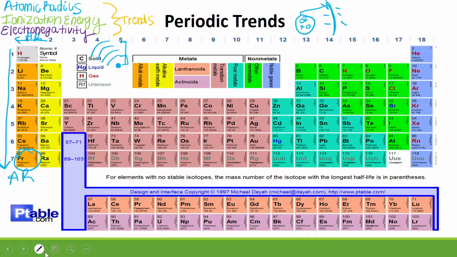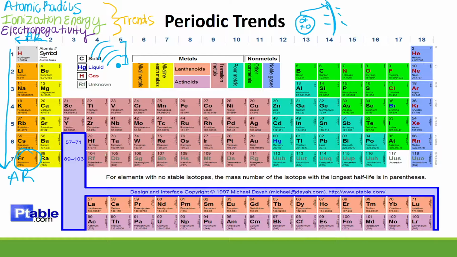So now let's go ahead and talk about ionization energy. Ionization energy has a similar trend to atomic radius. The ionization energy refers to how much energy is needed to take an electron away. In case you need a refresher on which elements want electrons and which ones don't: the metals don't want electrons, they want to lose their electrons.